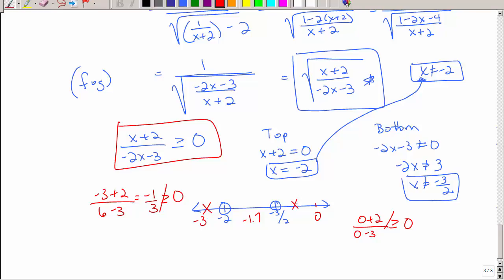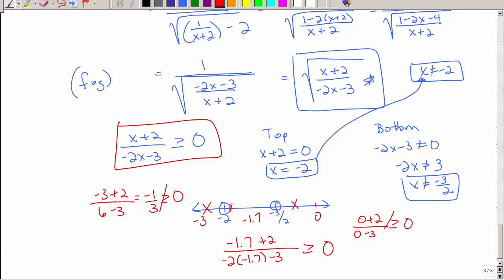Is that greater than or equal to 0? No. Right? So now you might want to get a calculator. I have negative 1.7 plus 2 over negative 2 times negative 1.7 minus 3. Is that greater than or equal to 0? I'm going to give you a minute, let you do the calculation, and you should get a positive number.